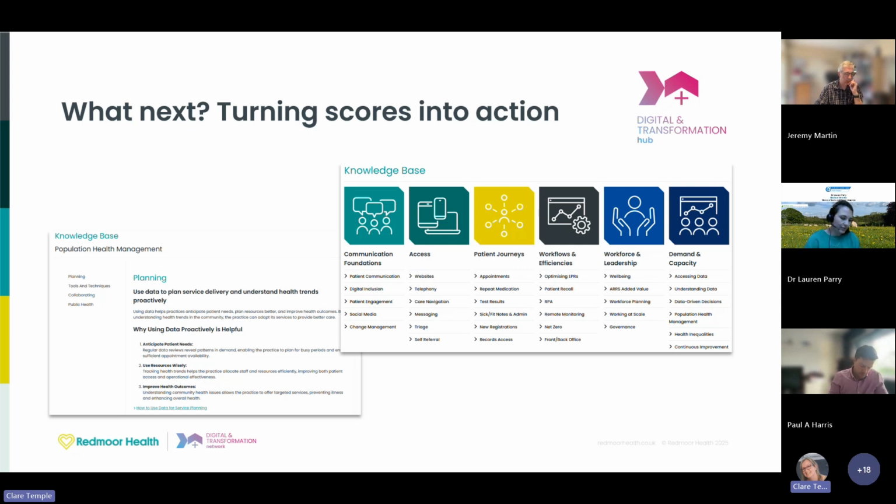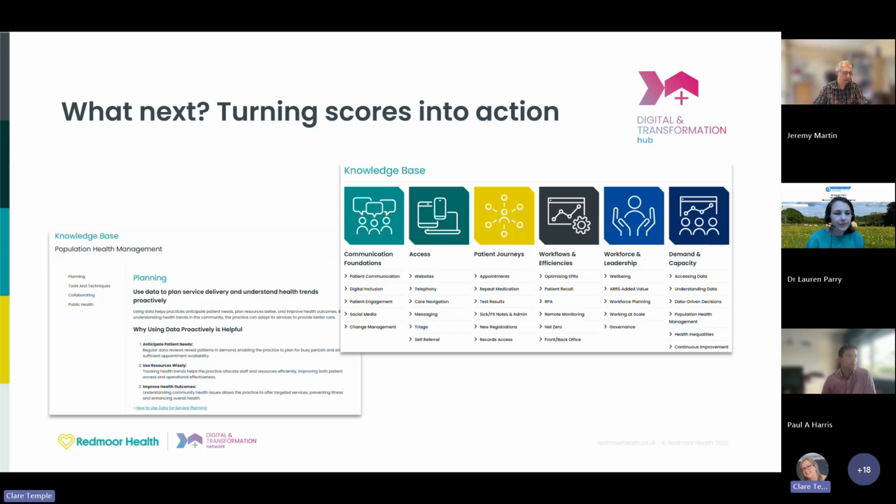And then you can use the information from the hub knowledge base to access some tailored resources that'll help guide each practice in building the capability where it's needed the most. We have got a new continuity of care toolkit available in the D&T hub that will also help you.